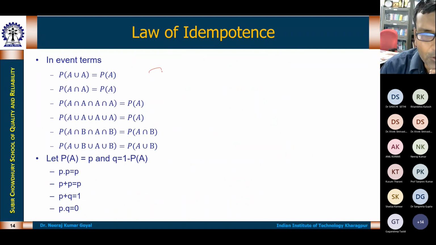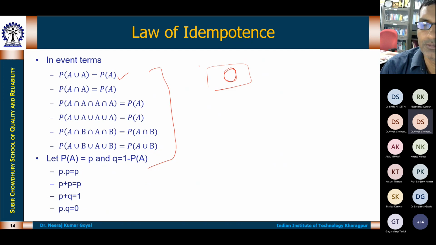There are certain rules when we use this mathematics: the probability of A union A will remain the same. However many times we take the union of the same event, the probability is not going to change.